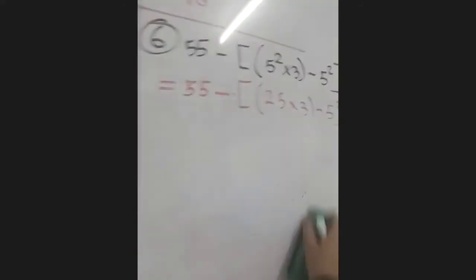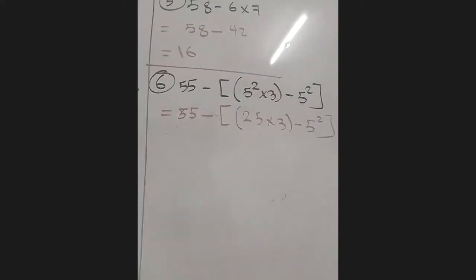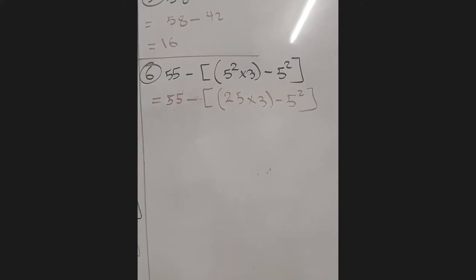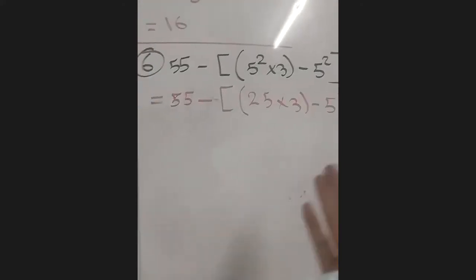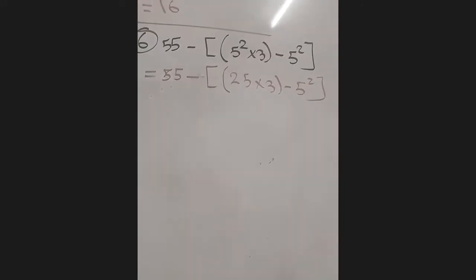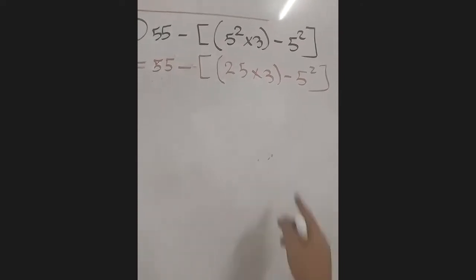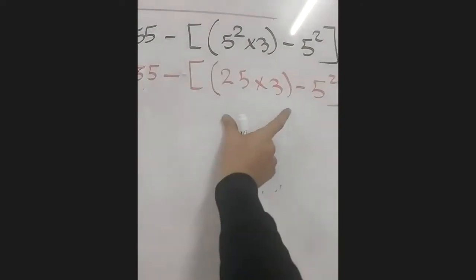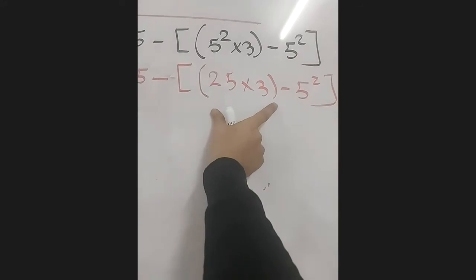Now, what's the next step? We have multiplication or divide. No, we are not done with the powers yet. We have powers again, but before it, we have these brackets, this parenthesis still.